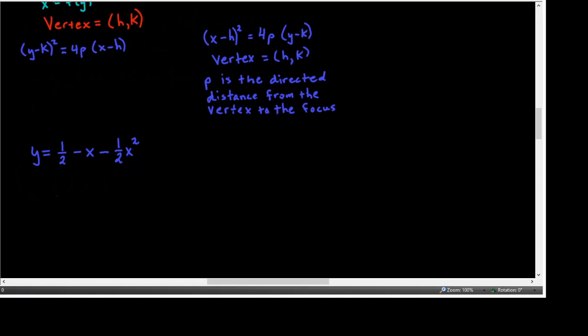Now, what we're going to do is to try to get it in the standard form where x is the squared thing. That's going to be this one that was in the middle before.